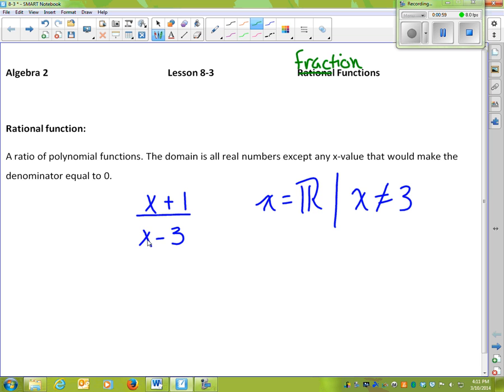If x were positive 3, 3 plus 1 would give me 4. 3 minus 3 would give me 0. And 4 over 0 does not exist. This is called a discontinuity.